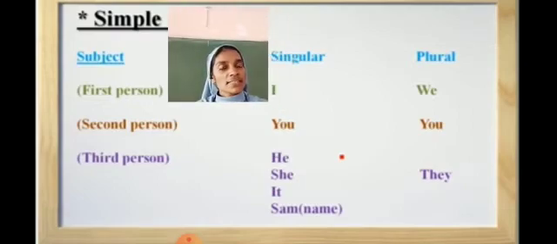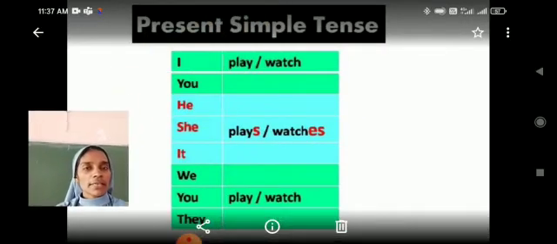First person singular I, first person plural we, second person singular you, second person plural you, third person singular he, she, it or any name, third person plural they. You have to remember that.